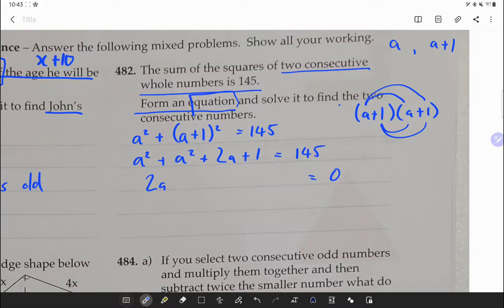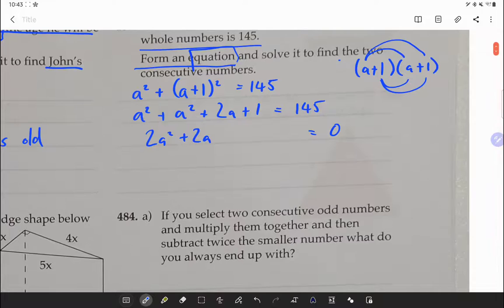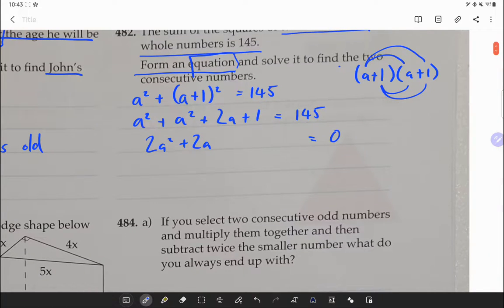That's 2a squared plus 2a, and then I'm going to move the 145 over to the left. I'm going to minus 145 from both sides, which makes 0 on the right-hand side, and it makes it, no, not plus, a minus 144.